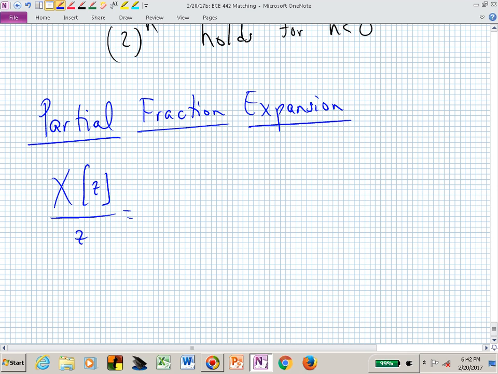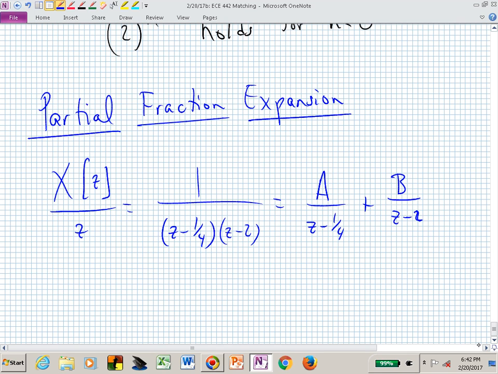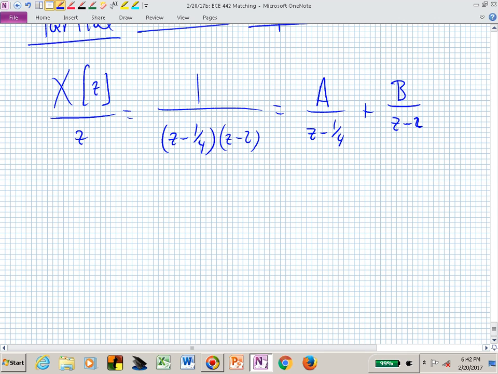All right. What's X of z over z? That's 1 over z minus 1/4, z minus 2, or that's now A over z minus 1/4 plus B over z minus 2. And we can find the A and the B. Yes? So A, let me just give those to you, is minus 4 over 7, and B is 4 over 7.